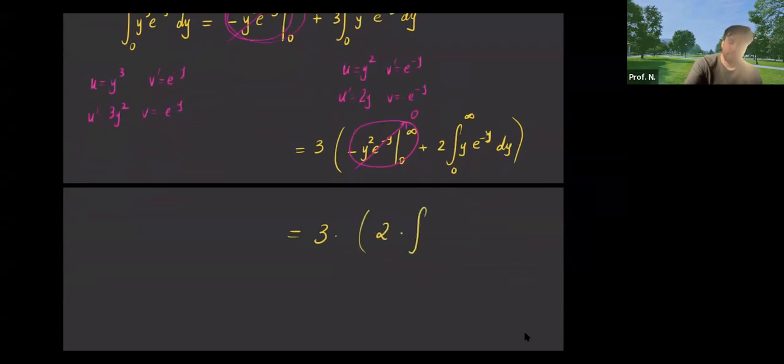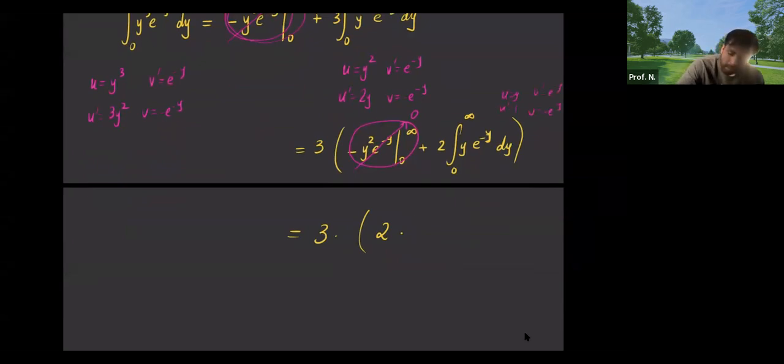And then you do the integration by parts one more time. You make u equal to y, so u prime is 1. v prime is e to the negative y, so v is equal to negative e to the negative y.